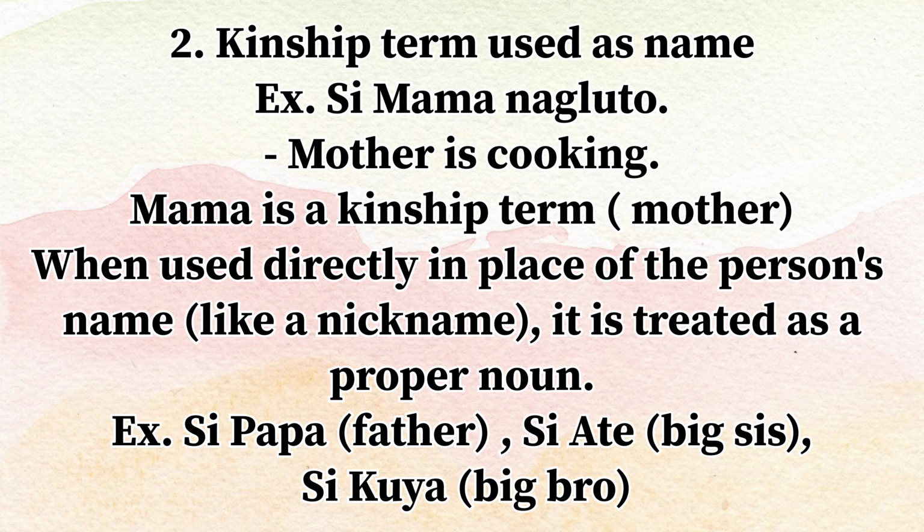When used directly in place of the person's name, like a nickname, it is treated as a proper noun. Other examples: Si Papa, father; Si Ate, big sister; Si Kuya, big brother.